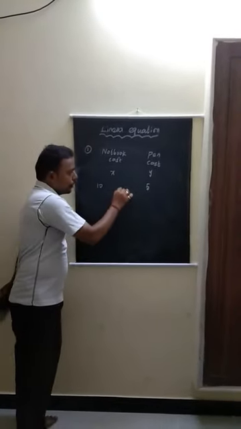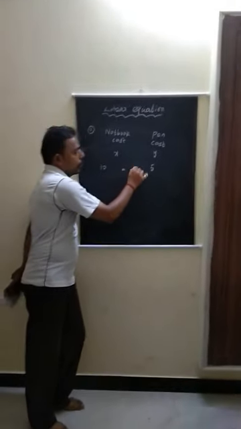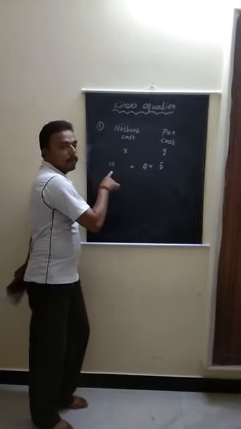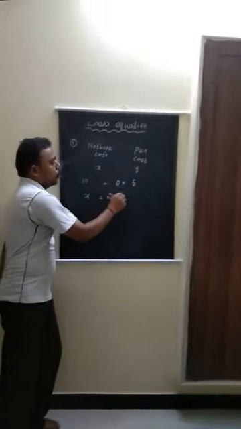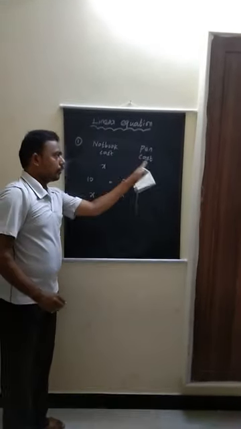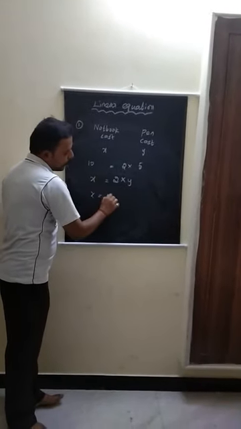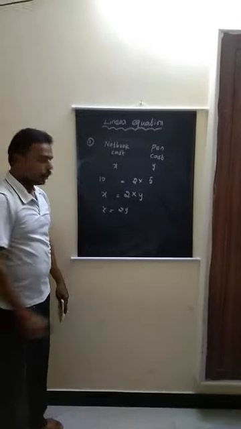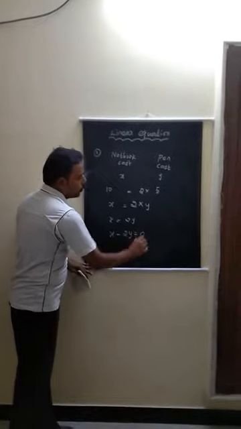Now we need to form equal. What I want to multiply here? 2. So then only 2 into 5. The same thing here, instead of notebook cost we are going to introduce x equal to 2 into the cost of pen as y. That is x is equal to 2y. This is the equation. Now we can write this equation as x minus 2y equal to 0.